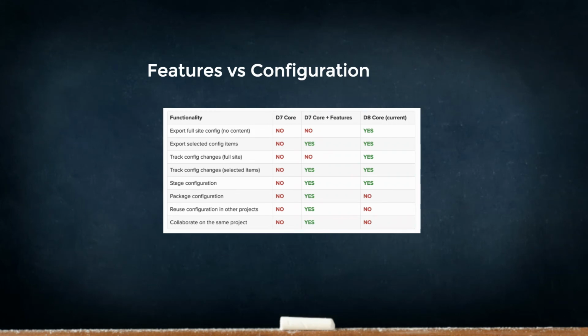The same for exporting selected configuration items: Drupal 7 core wasn't able to do it, but with features we could group or package a specific functionality, a slider or whatever you were working on, and move it to another environment. Now in Drupal 8, the core does that. We don't need an extra module for it.